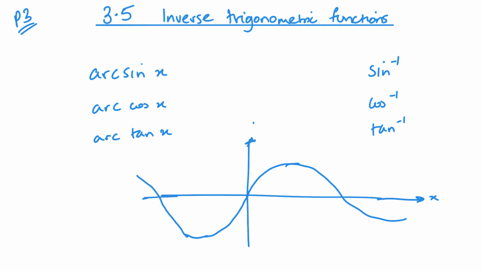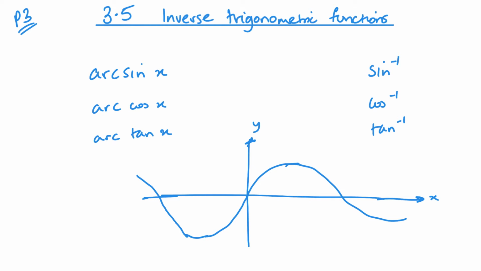It's not perfect, but just to get an idea. Now, if you remember previously, you can only have the inverse of a function that is 1 to 1. And obviously the sine graph is not 1 to 1. So what we need to do is cut it off.